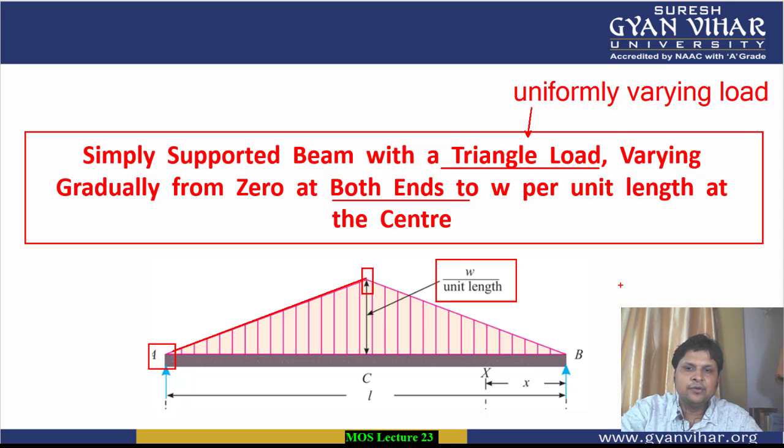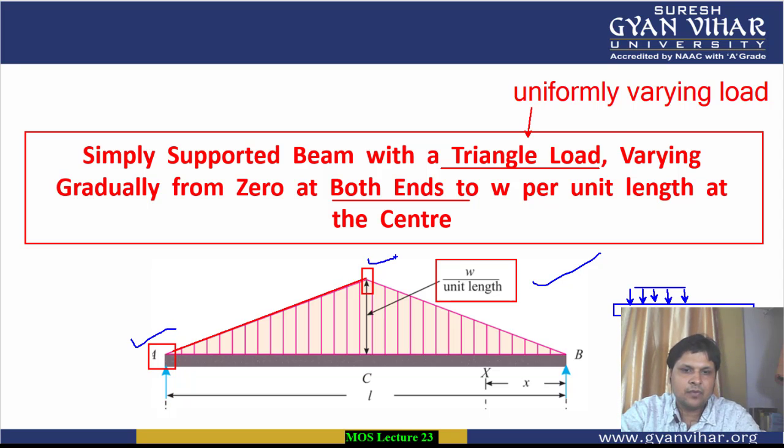In the case of uniformly distributed load, we have seen, students, that the beam was loaded in such a way that it had an equal load at all points. But here in this case the load is not equal. It is varying from 0 at one end to maximum at the other end.